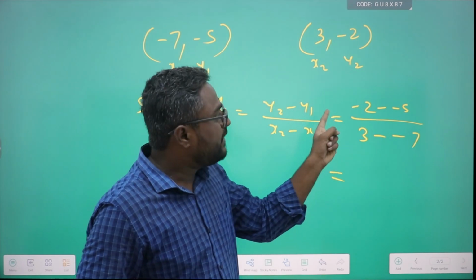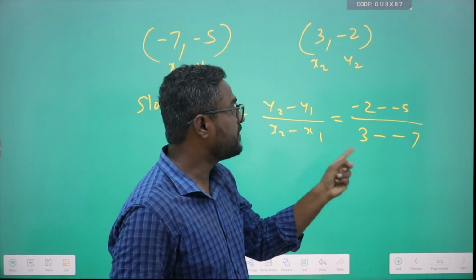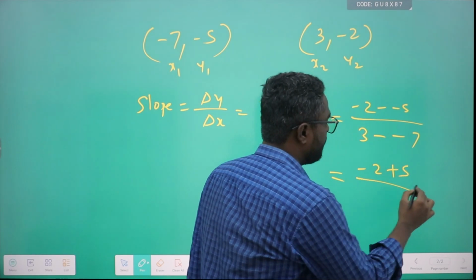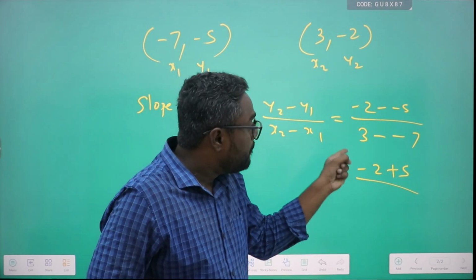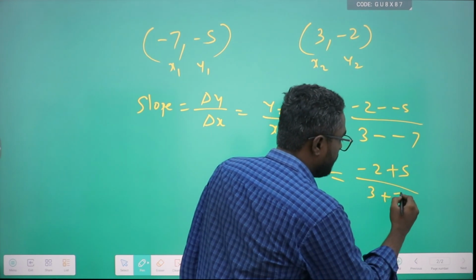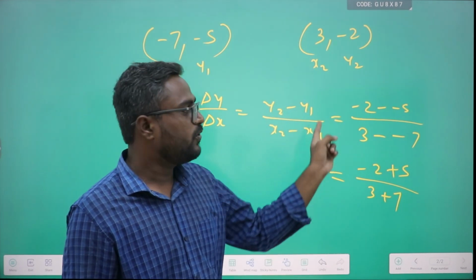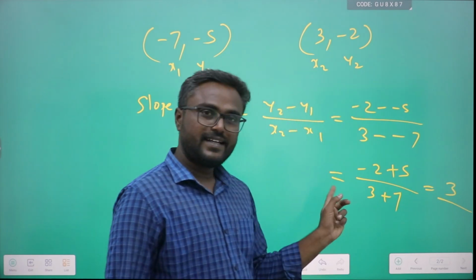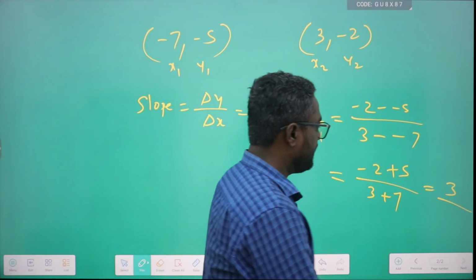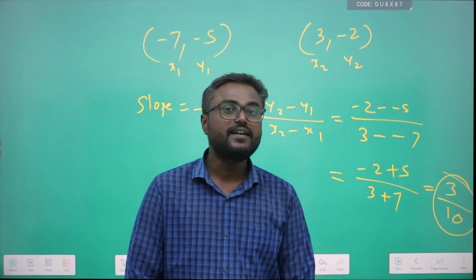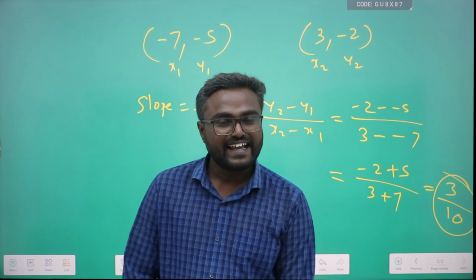So negative 2 minus negative 5, which will become negative 2 plus 5. 3 minus negative 7. So two negatives are there, so I'll make it positive. Negative 2 plus 5 is nothing but 3. 3 plus 7 is nothing but 10. Therefore, the slope is 3 over 10.